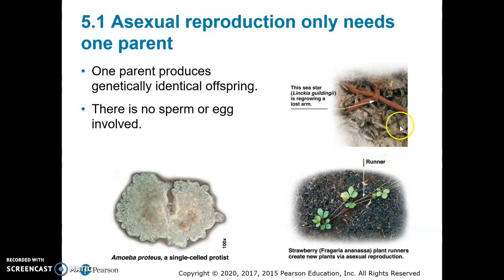So some organisms, like the sea star, are capable of regenerating entire new arms, in this case because it's lost one of its arms or its rays. It's lost it, so it's going to regenerate it. And even that ray or that arm that was lost can regenerate the rest of the body.